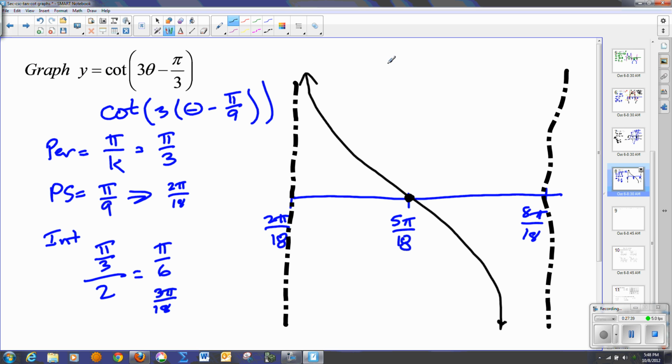So I have 3 times 5 pi over 18. Subtract pi over 3 from that, and take the cotangent of that value.